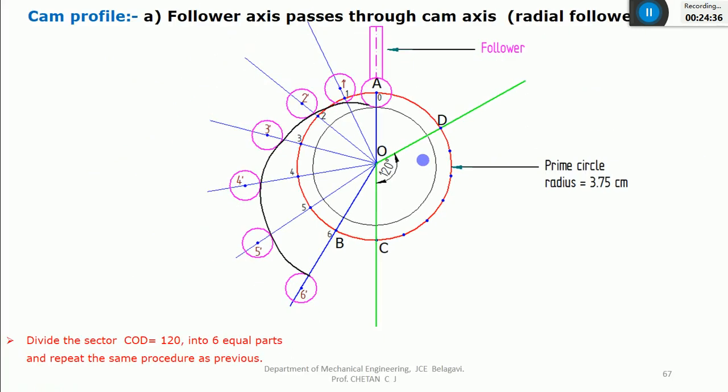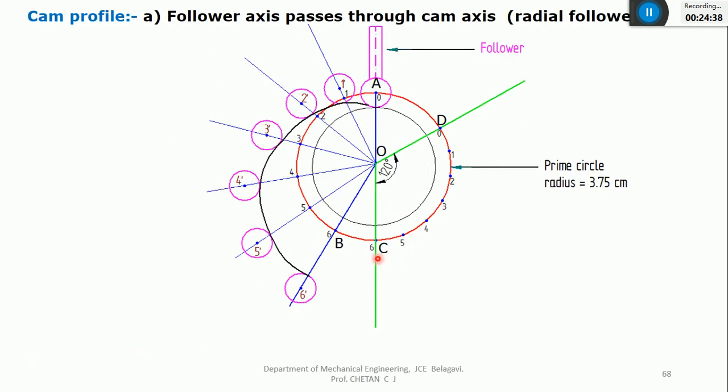And you can see these are the numbers 6, 5, 4, 3, 2, 1, 0. I'll give the numbers in reverse order because the follower will be coming down during this return stroke angle. And I'll draw the radial lines passing through all these 6 points like this. You can see these green color lines. These are nothing but radial lines starting from the center of the circle and passing through all these 6 points, similar to the outstroke angle.